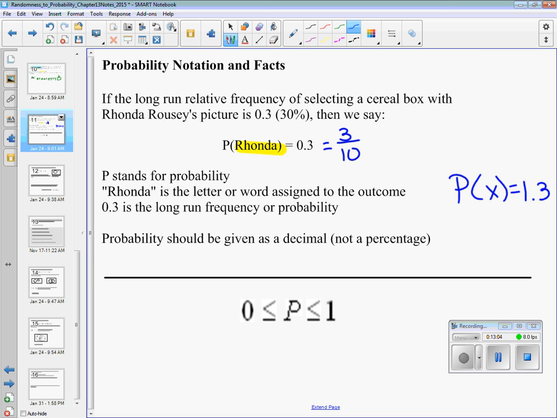Because doesn't 1 correspond to 100% of the time, right? So can I ever be more than 100% of the time? No. So if you ever have this, you just know that it doesn't make any sense. Those are some errors, and you will see that come up. It'll say which one of these doesn't make sense or which one cannot be true. Any probability outside of this range would be a red flag. Okay?